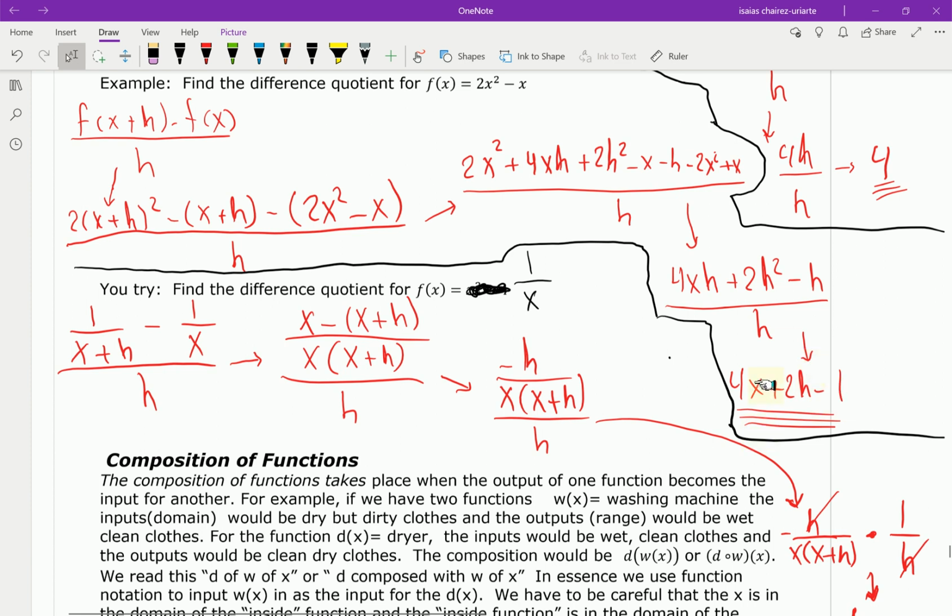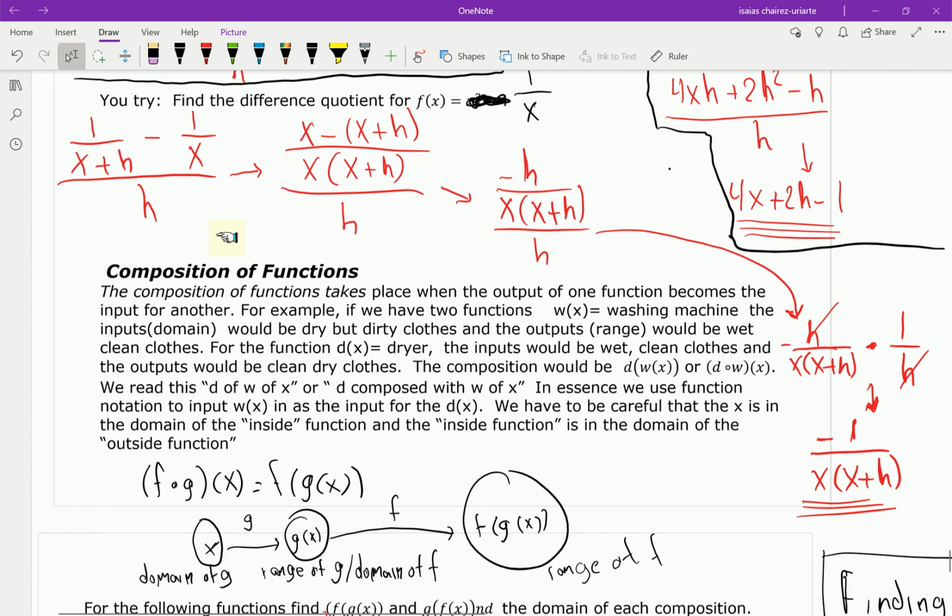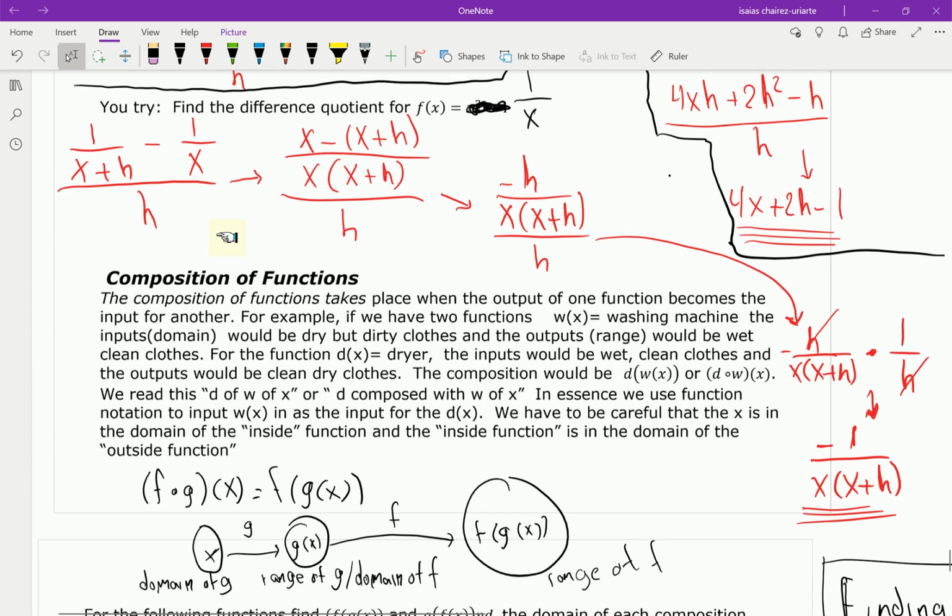That is the most simplified form of my difference quotient. Crazy to think that this 4x plus 2h minus 1 is equivalent to this messy fraction up here. But it is. Alright, so hopefully we agree on our solution here to this difference quotient. If not, check your work.